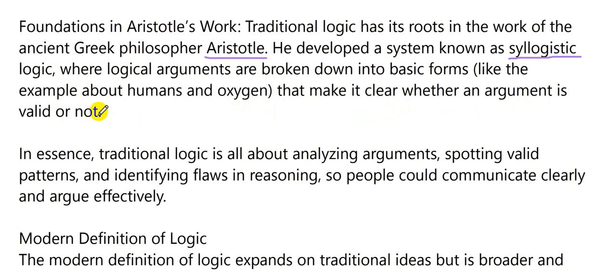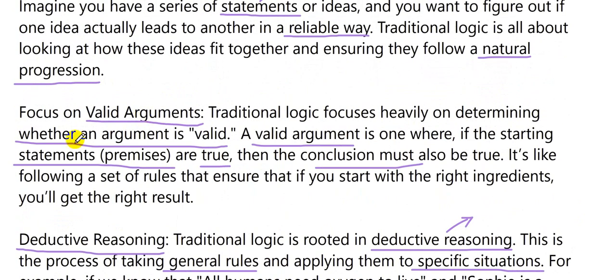So, whenever we are trying to put across an argument, the important point is to understand whether it is a valid argument or not. A valid argument, as we saw earlier, is an argument where the initial statements or premises are true and the conclusions are also true.